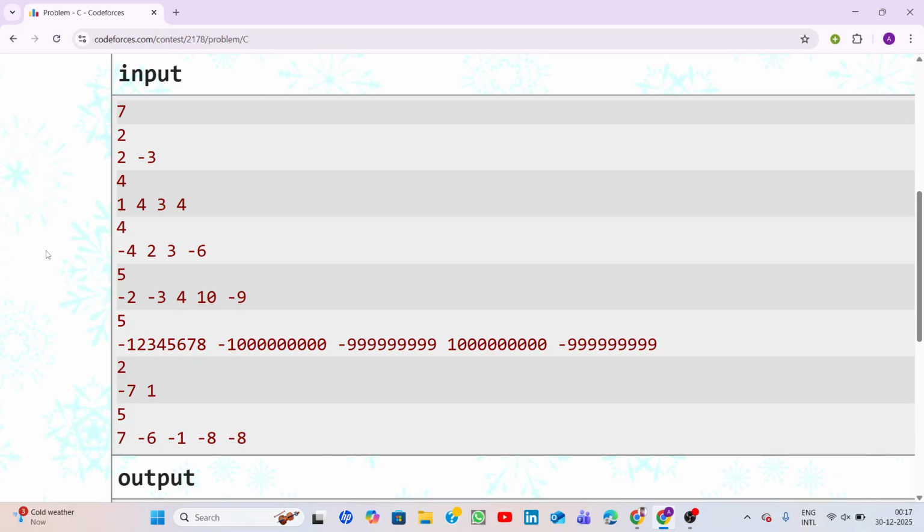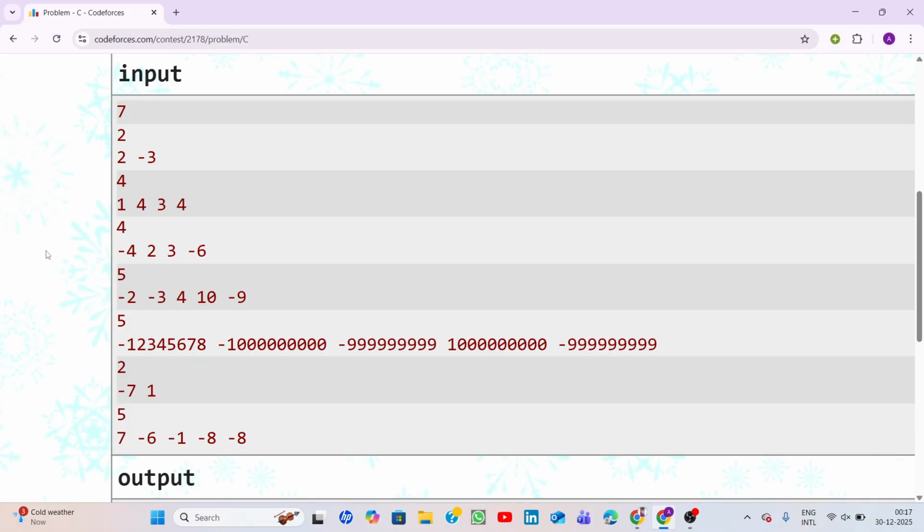Sorry, let me say again, I think I was wrong this time. So if the first index of the array is positive and the last index is also positive; if the first index is positive and the last index is negative; if the first index is negative and the last index is positive; and if the first index is negative and the last index is negative. So I have categorized my logic into these four categories.